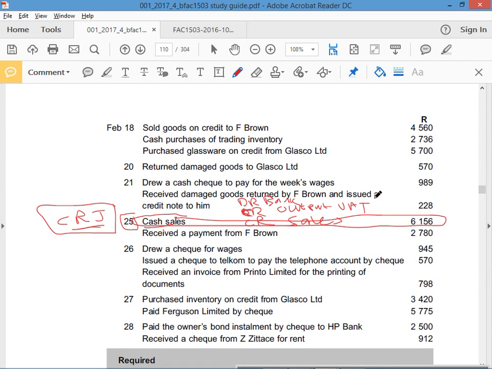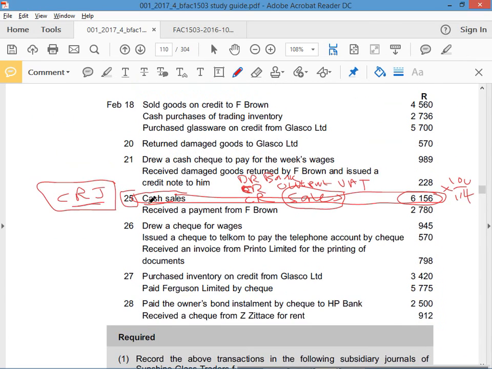I'm then going to show an amount. So my exclusive amount for sales would have been this figure, times 100 over 114. Can someone quickly work that out on your calculator? Type in 6156 times 100 divided by 114. What do you get? $5,400.